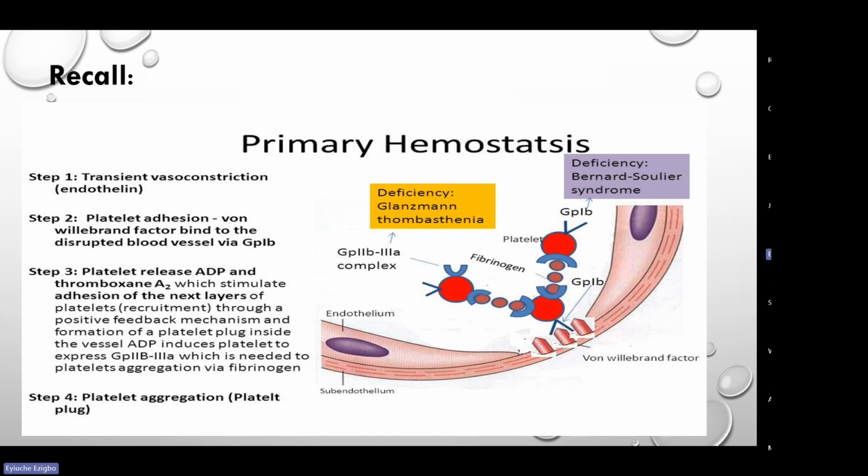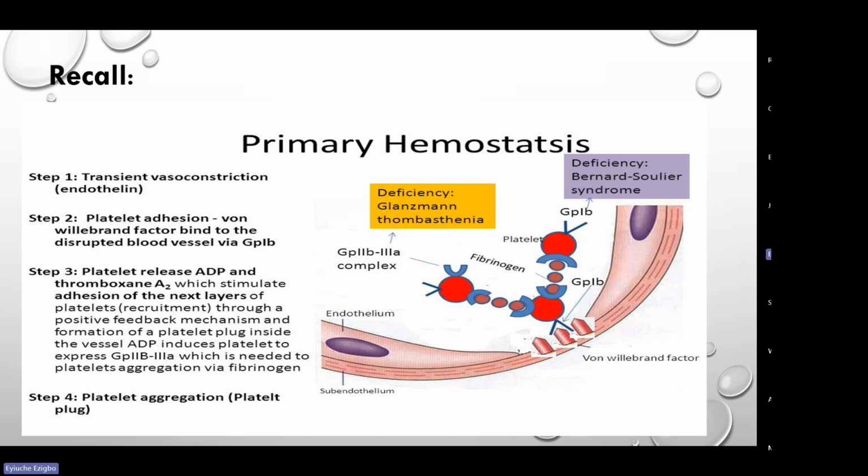Now, when you look at this diagram, we'll still discuss it. You find out that there's a deficiency we call Glanzmann thrombasthenia. Why? Because this glycoprotein 2b3a complex is deficient. That is what gives rise to the clinical presentation referred to as Glanzmann thrombasthenia.